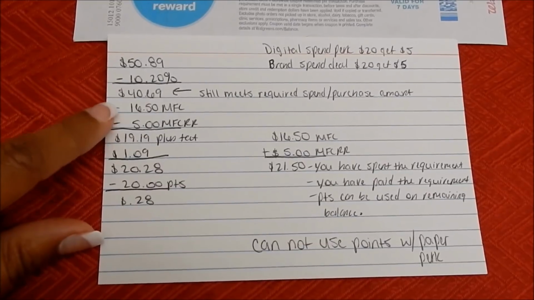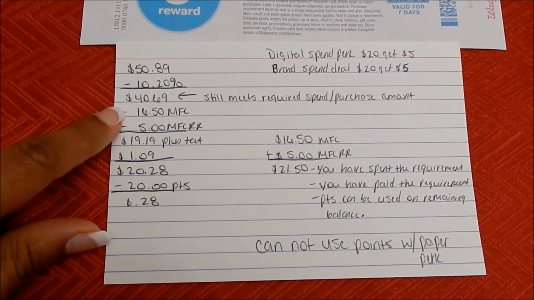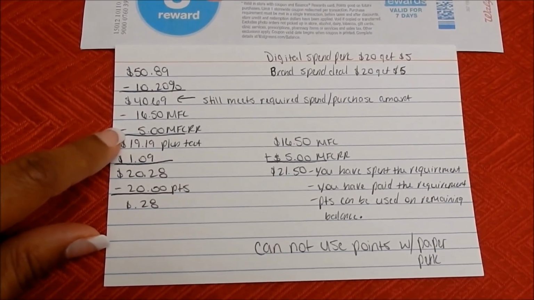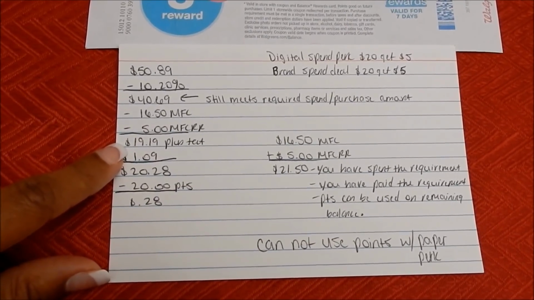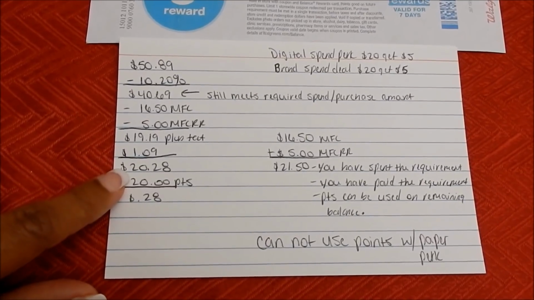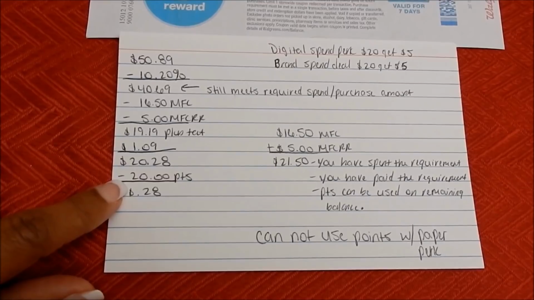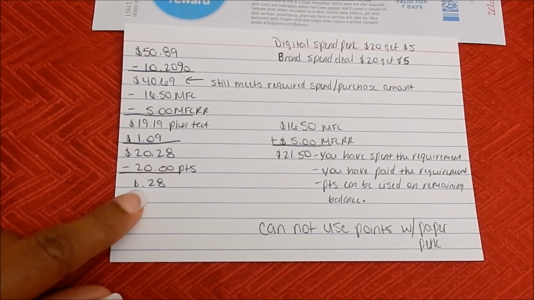Minus our coupons, we have $16.50 in manufacturer coupons for the products that we're buying. And we have $5 in register reward manufacturer coupons. Subtotal $19.19 plus our tax brings us up to $20.28. So we're good to use 20,000 points and pay the remainder cash out of pocket.